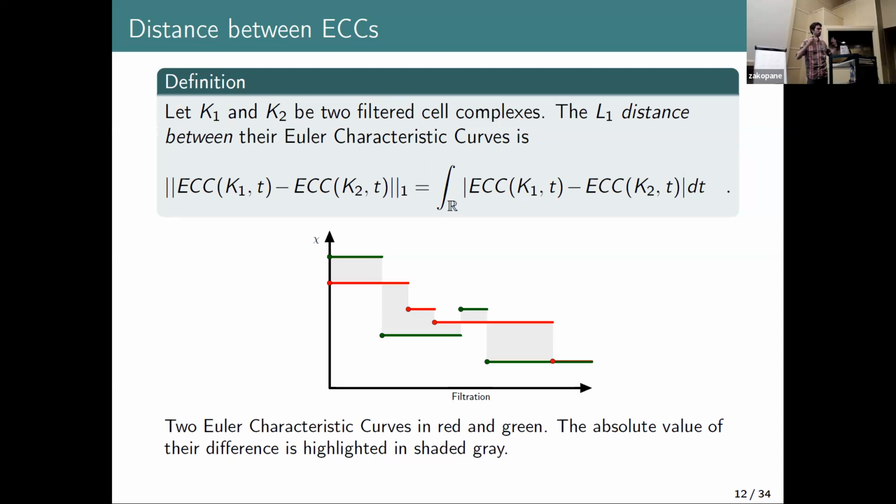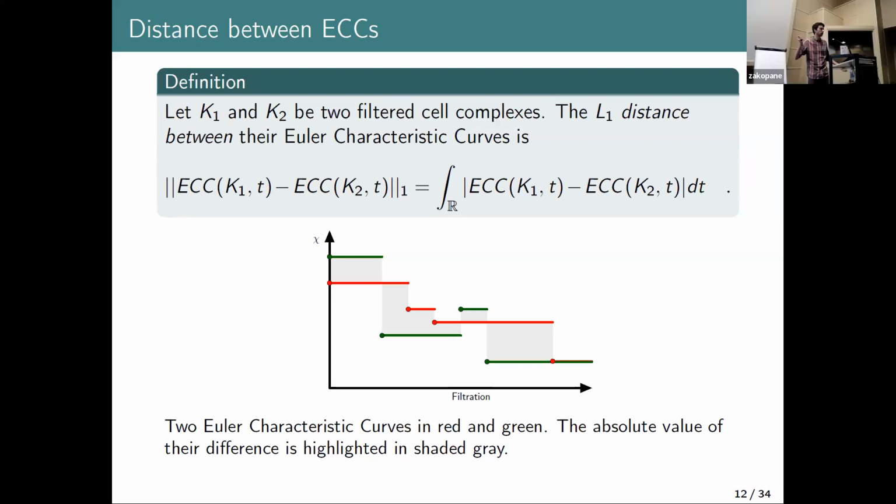So you have your features, you can compute distances between your features, you can have your distance matrix or whatever, and then you can run whatever classifier or machine learning algorithm you want. And so there is a very natural, intuitive notion of distance between two Euler characteristic curves. You just take their one norm.